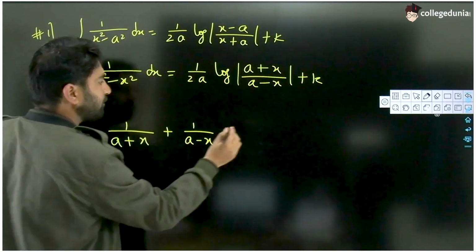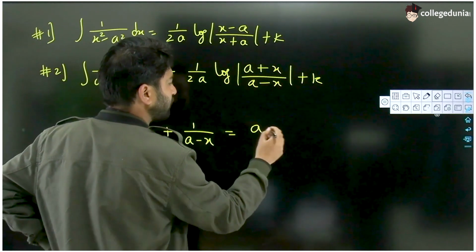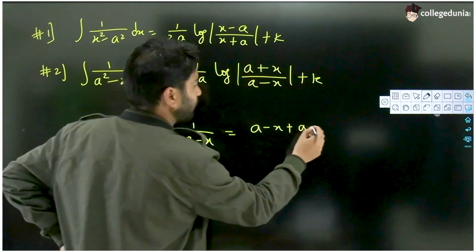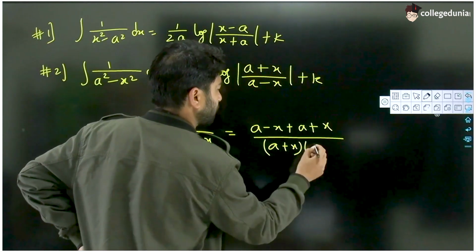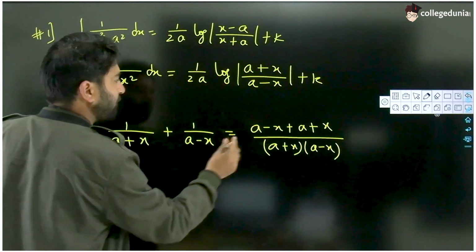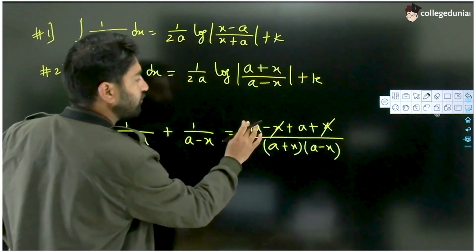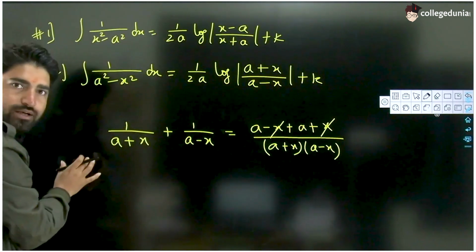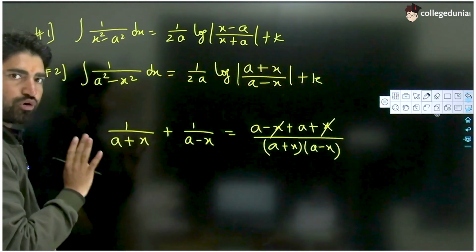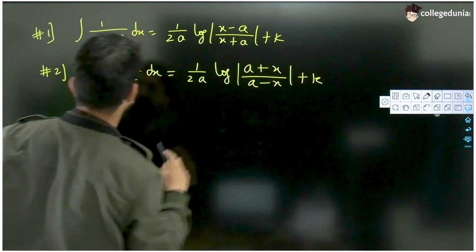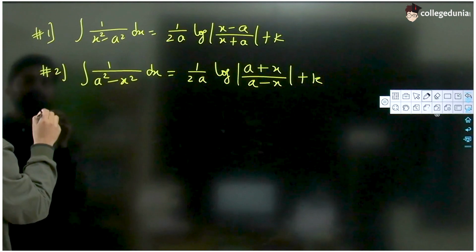When we add them, after taking the LCM, the variable part x will be cancelled out. Now this 2a will be brought to the left hand side. Then we can integrate both the sides, so the formula will become like this.